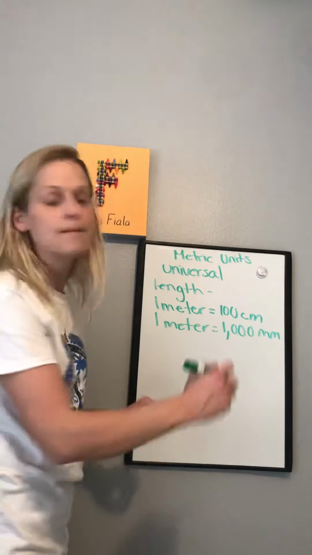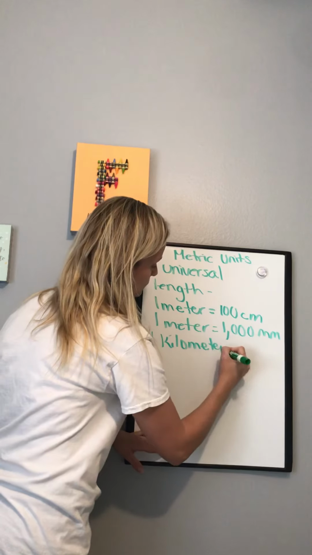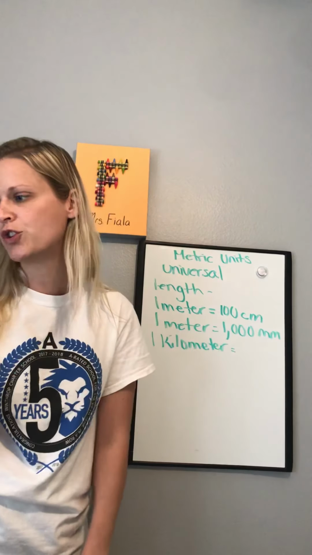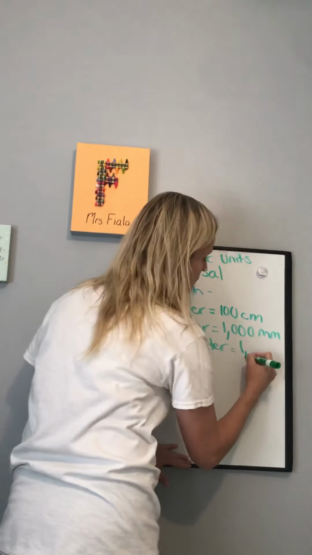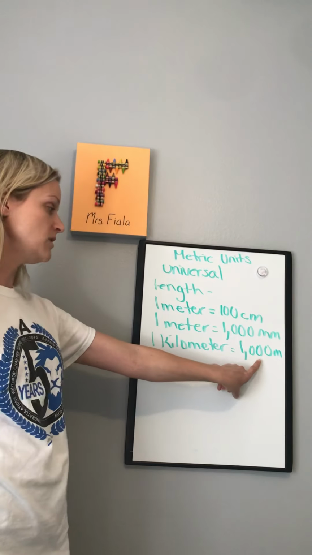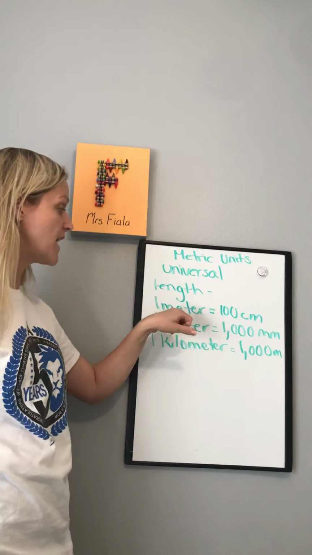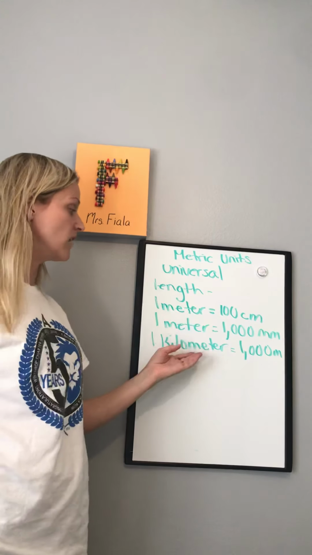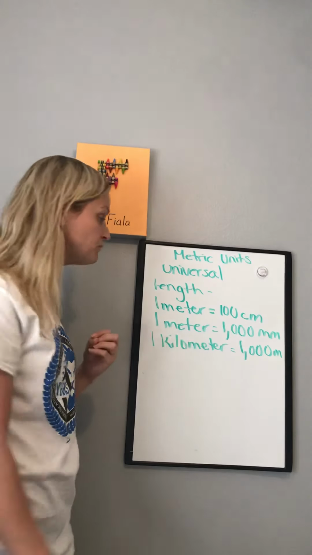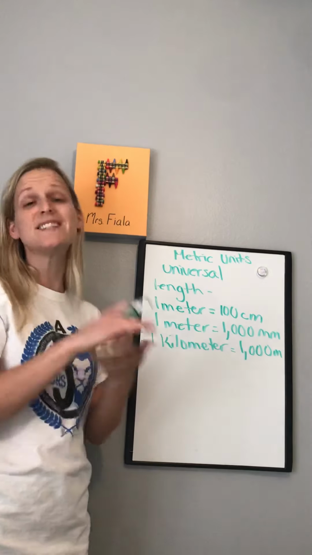Then we have 1 kilometer is equal to 1,000 meters. Okay? So we have the smallest unit of measurement is our millimeters, then it's our centimeters, then our meter, and then our kilometer.